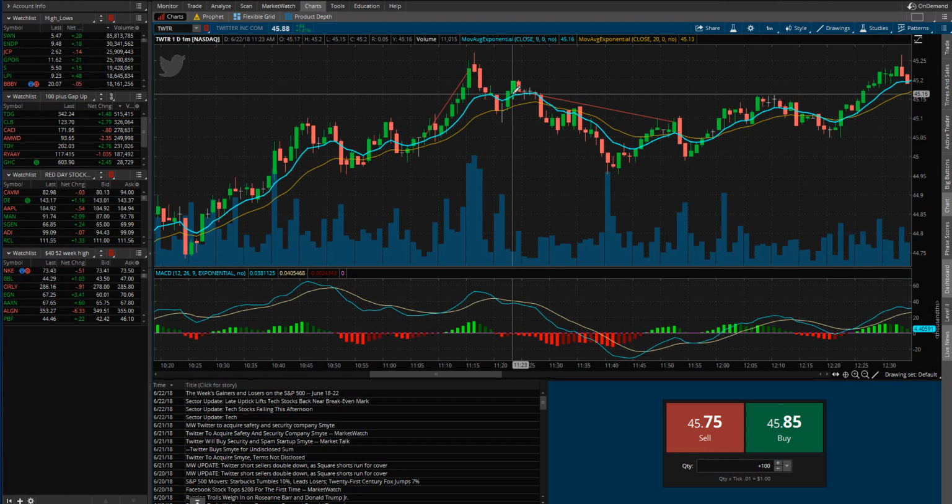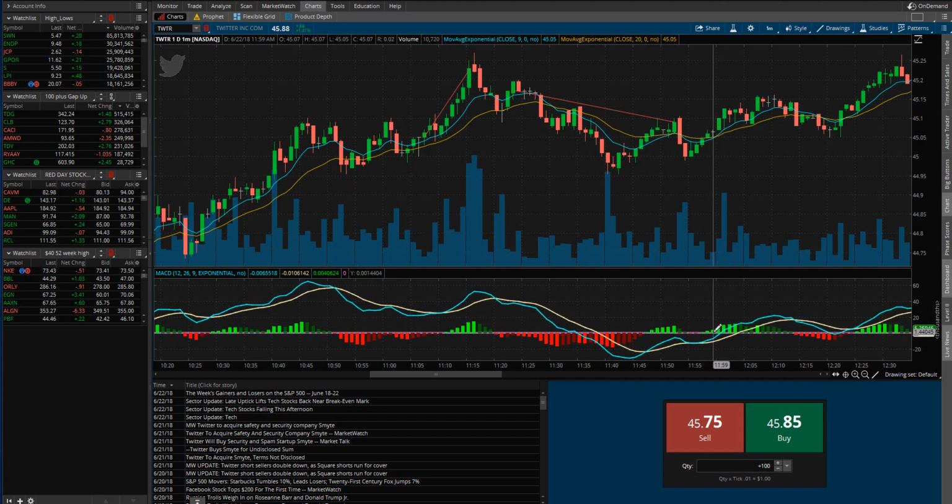Now, in my opinion, the best way to actually use the MACD with the least amount of risk is if you wait until you have 2 to 3 of these candlesticks that have already started showing positive momentum, which means this line crossing over this gold line.